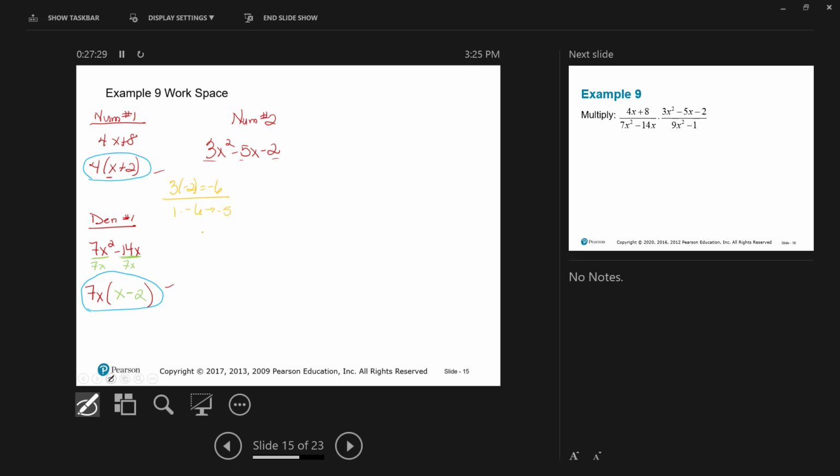So, replace. I am going to take 3x squared, and instead of writing minus 5x, I am going to rewrite with the positive 1x and the minus 6x for that minus 5, and then minus the 2 at the end.